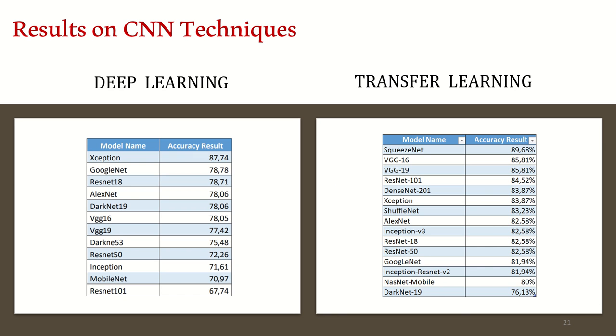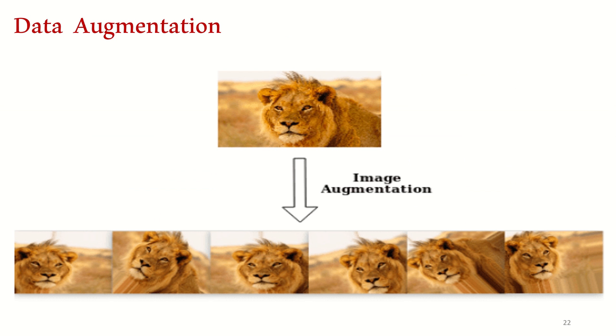So on the left side are deep learning accuracies and on the right side are transfer learning accuracies. As you see, transfer learning accuracies are better than deep learning. And then we use data augmentation.